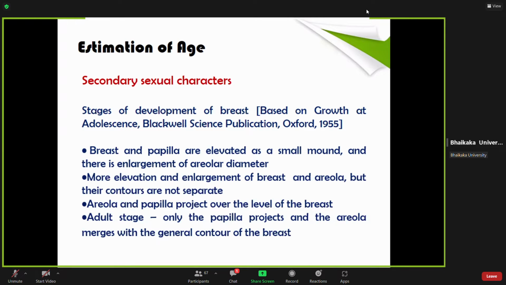In second stage, there is more elevation and enlargement of breast and areola, but their contours are not separate. In third stage, areola and papilla project over the level of breast, and in adult the areola merges with the general contour of the breast. Important, they can ask in the exam, have a look once.